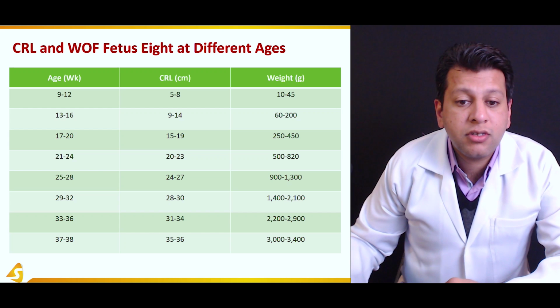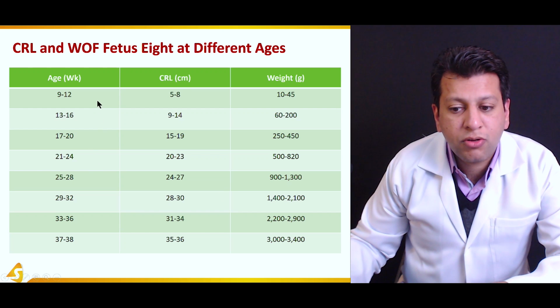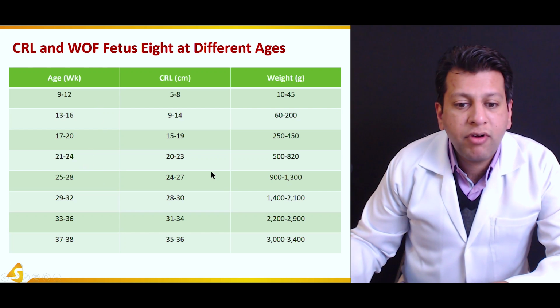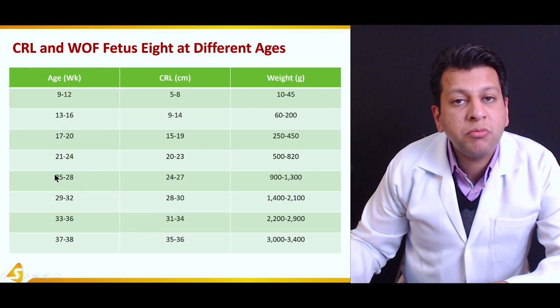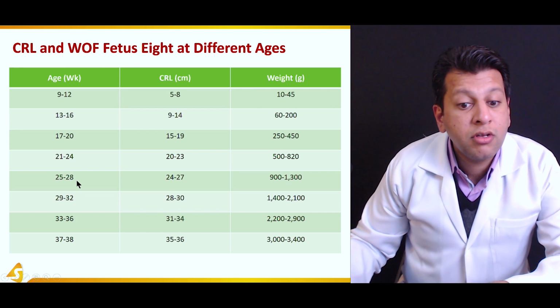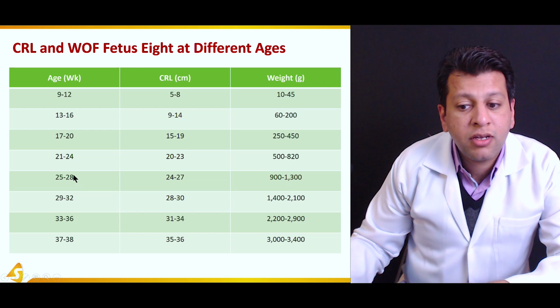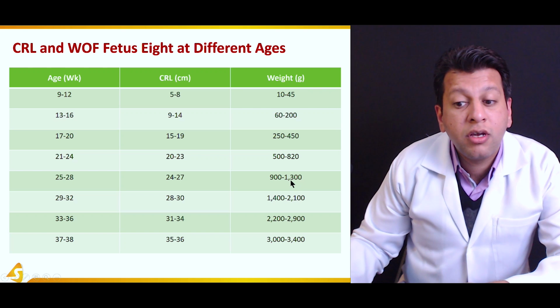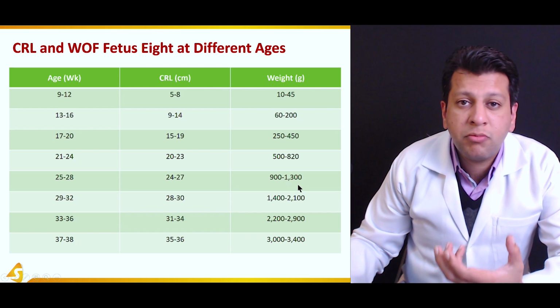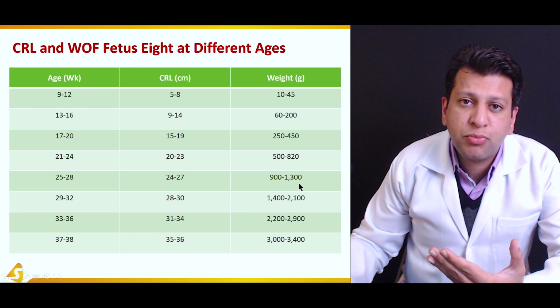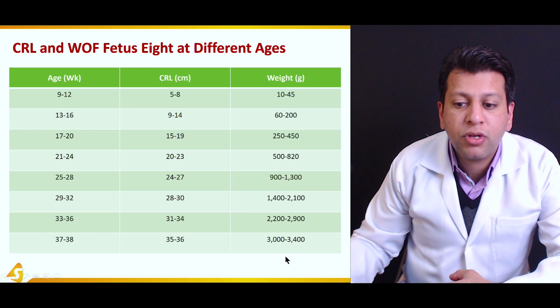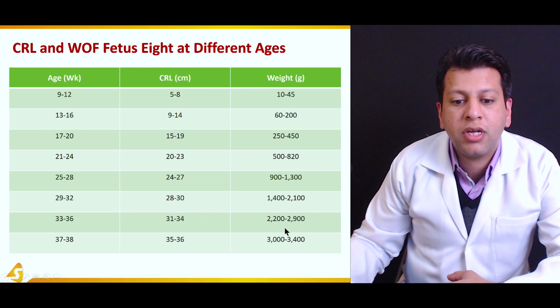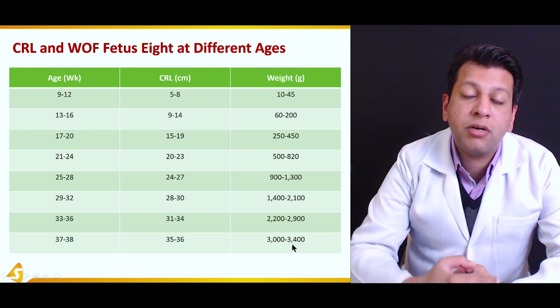But as the age progresses, look at 25 to 28 weeks, at 28 weeks meaning almost 7 months, there is only a small increase: 1300 grams, or 1.3 kg. The fetus may be only 1.5 kg by 7 months, but it increases to 3.4 kg, almost three times the value at 28 weeks.